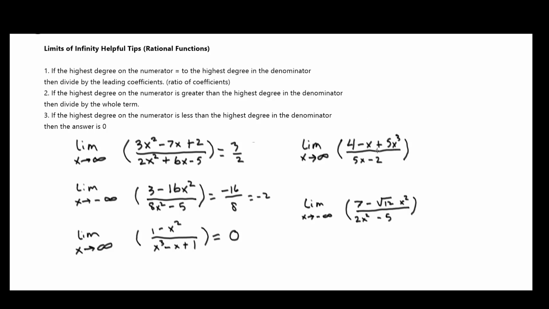In the case that the degree in the numerator is higher than the denominator, you just divide both these values together. In this case, it would be 5x cubed divided by 5x. These 5's cancel out, and this x takes one of these x's away.